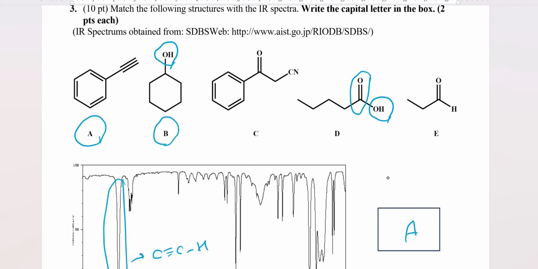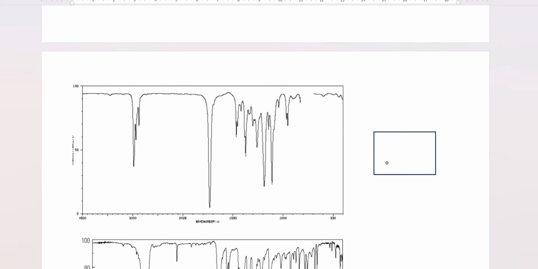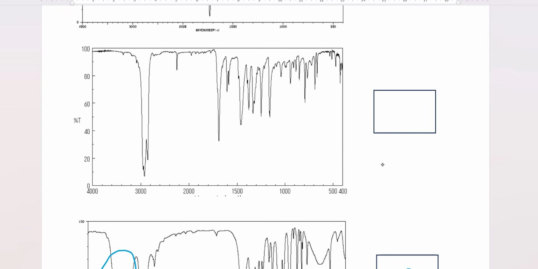Let's find out C and E. Both of them have carbonyl, but C also has cyanide. Cyanide, C triple bond N, and also C triple bond C, normally appear around 2200, which we can clearly see here.